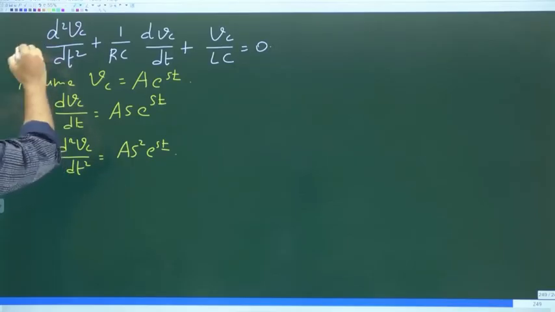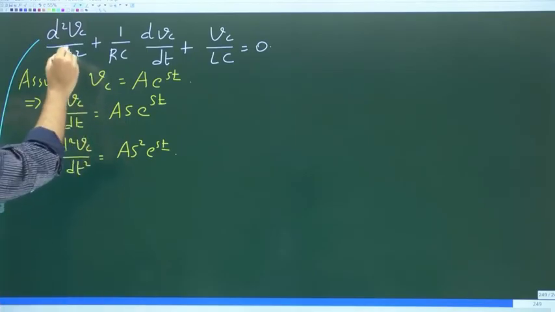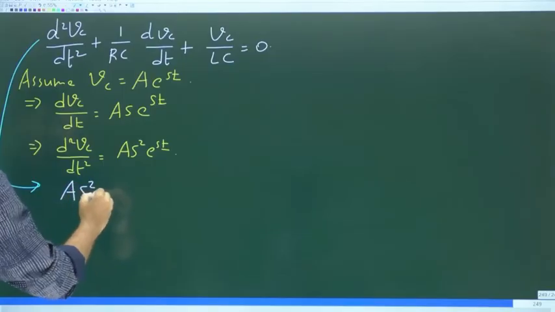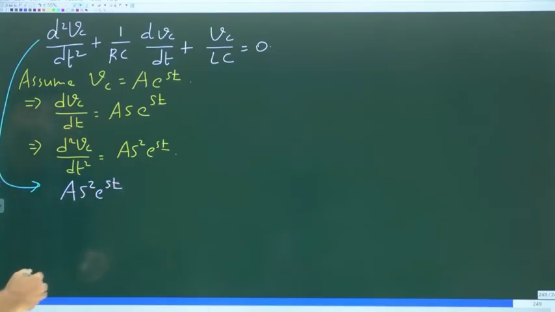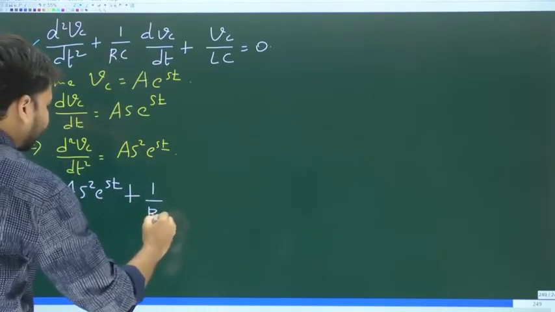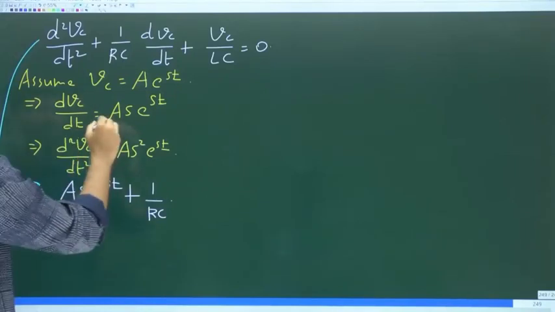And now what? You go back to the differential equation. In place of d square vc by dt square, you write A s square times e power st. Then the second term: first we have 1 by RC times dvc by dt. What is dvc by dt?